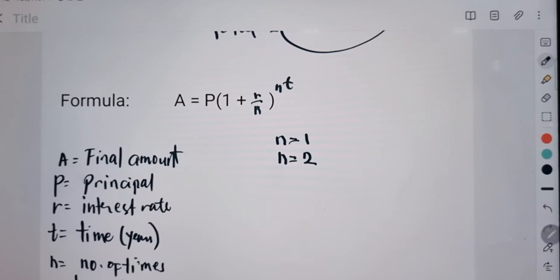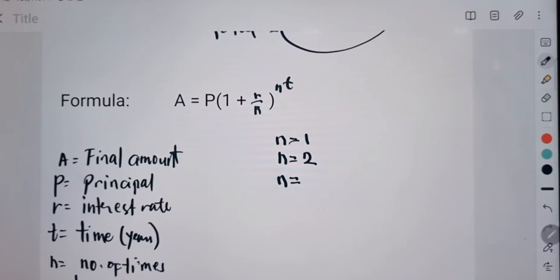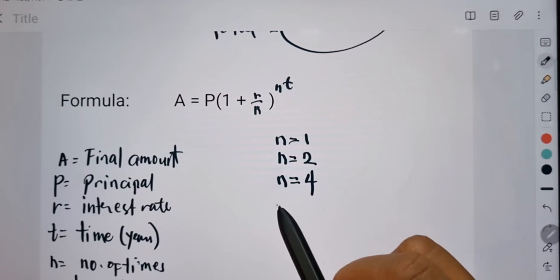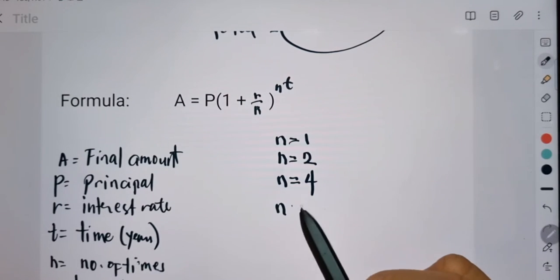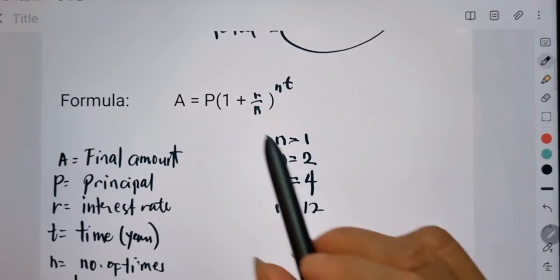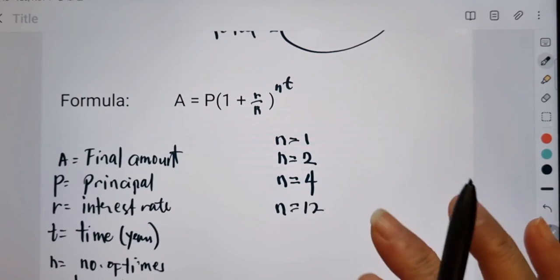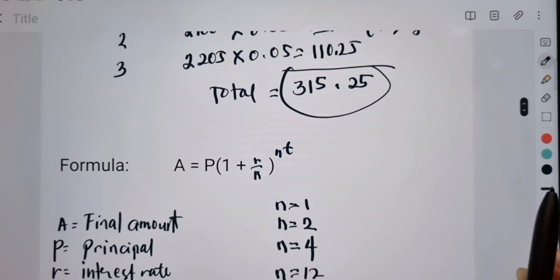Pag semi-annually, that is twice a year. Pag compounded quarterly, that is 4 times a year. Then, compounded monthly, that is 12 times in a year. So, yun ang value natin ng N. Depende siya kung annually, quarterly. Okay, then the T is the time, of course.